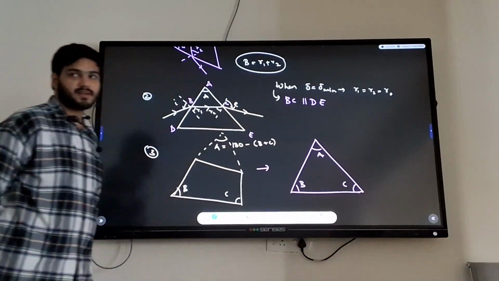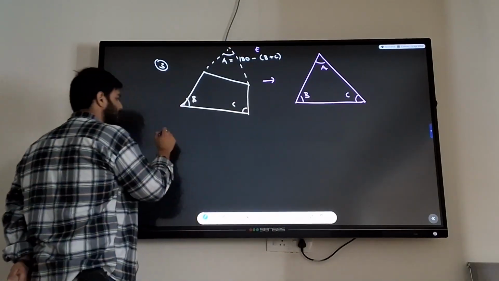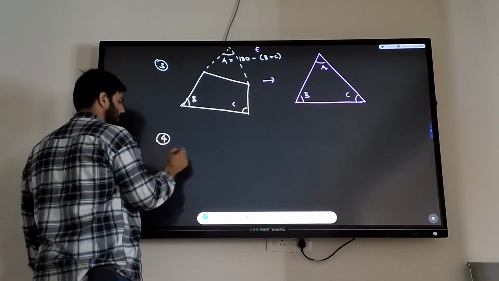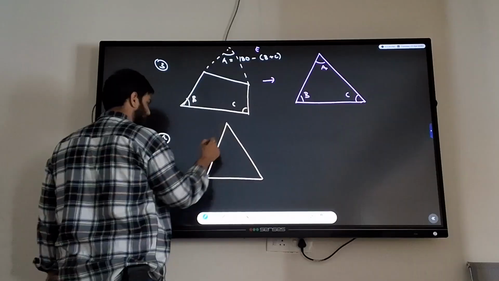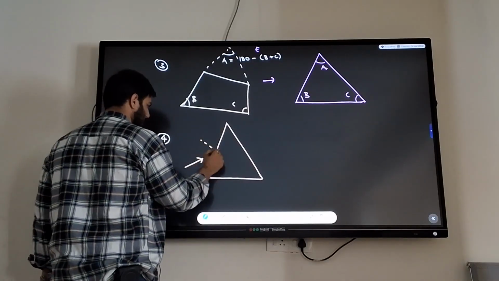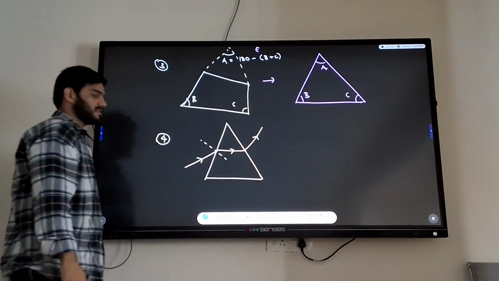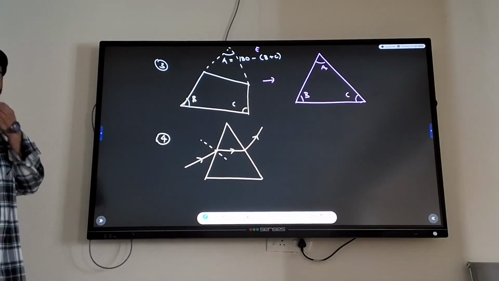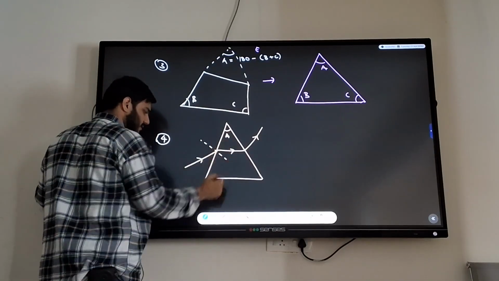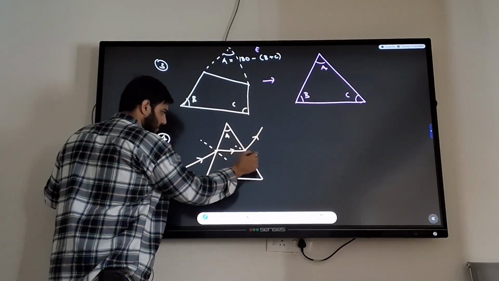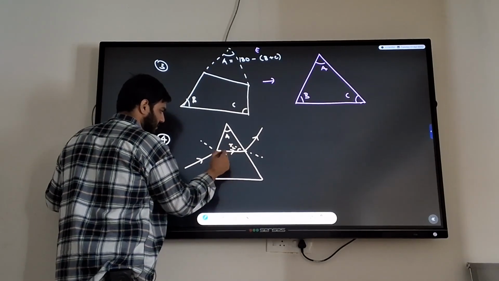What is the fourth point? A very interesting point. And let's say if you have a deviation something like this. Goes like this, but then comes out like this. Now what do you think, this is angle A, and let's say this is the angle R2, this is the angle R1.